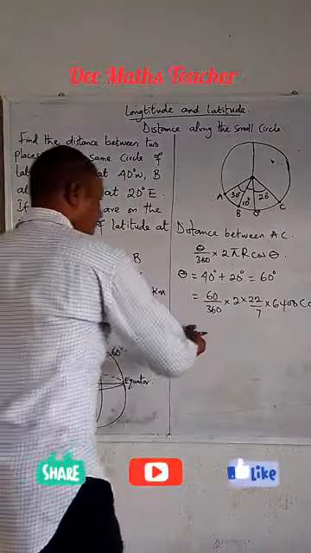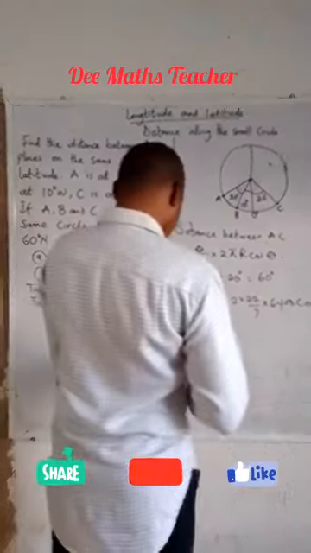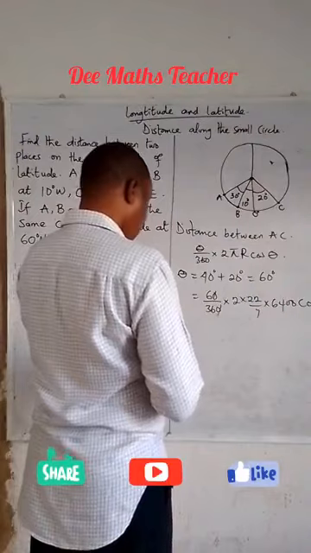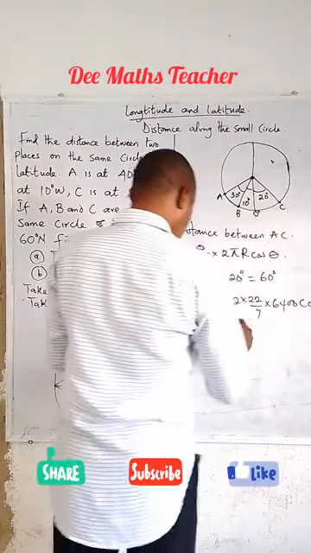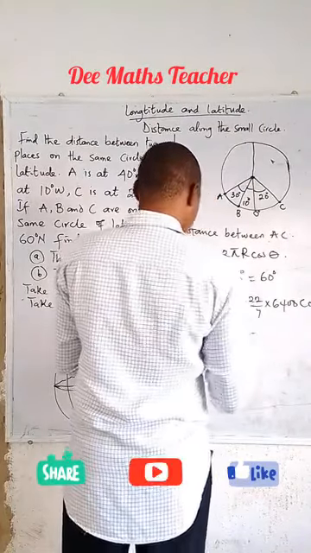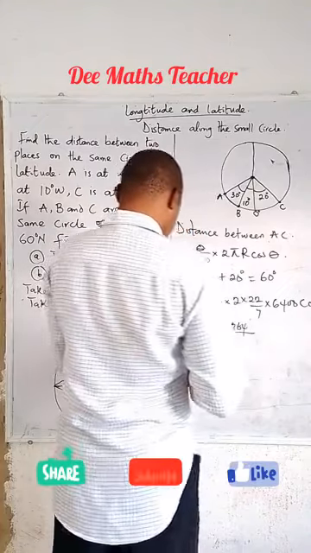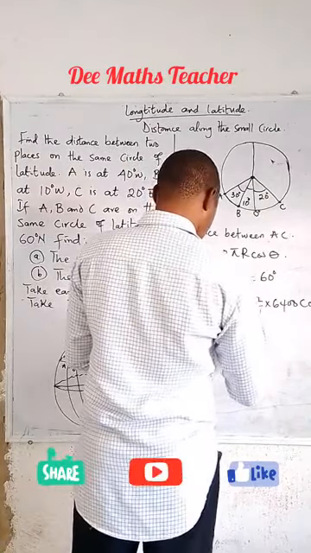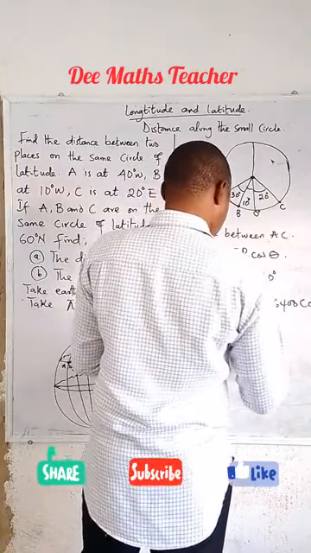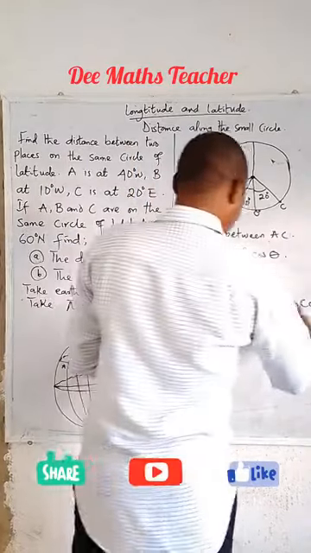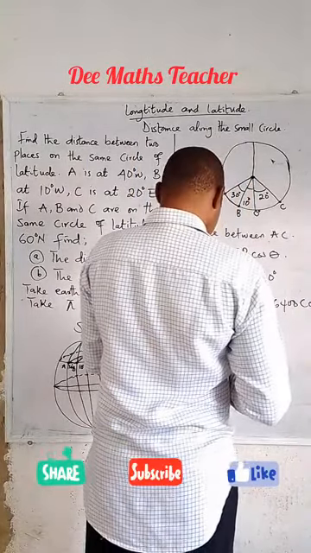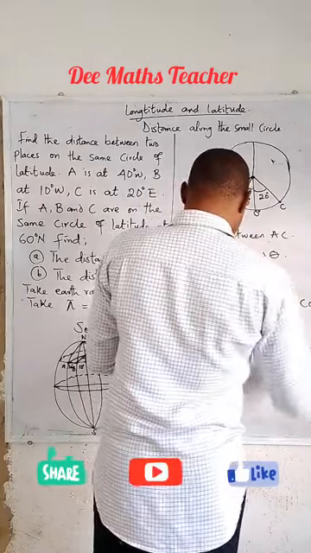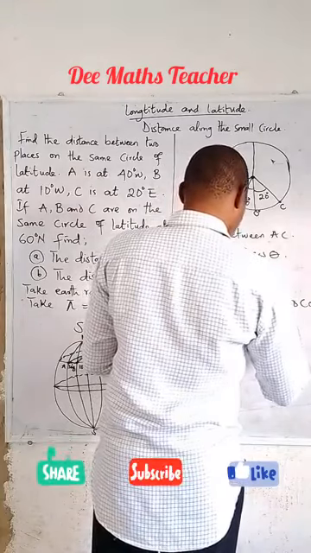Now let's solve this together. If we multiply everything together, let this 0 cancel each other. So we have 6 times 2 times 22, which gives us 264, divided by 36 times 7, which is 252. Then multiply by 6400 times 0.5, since cos 60 is 0.5, which gives us 3200.